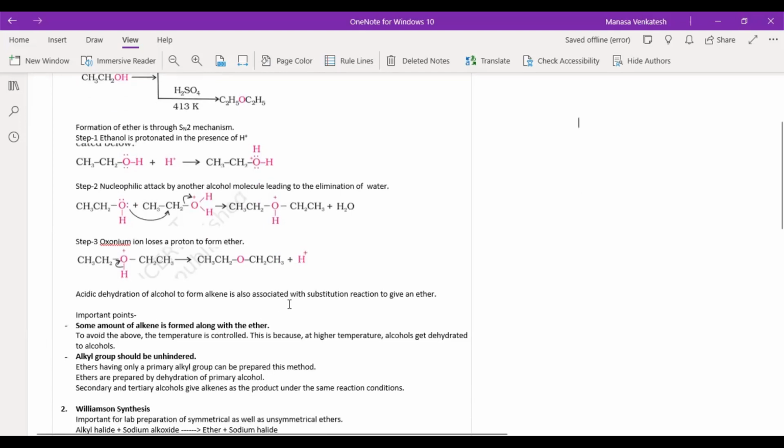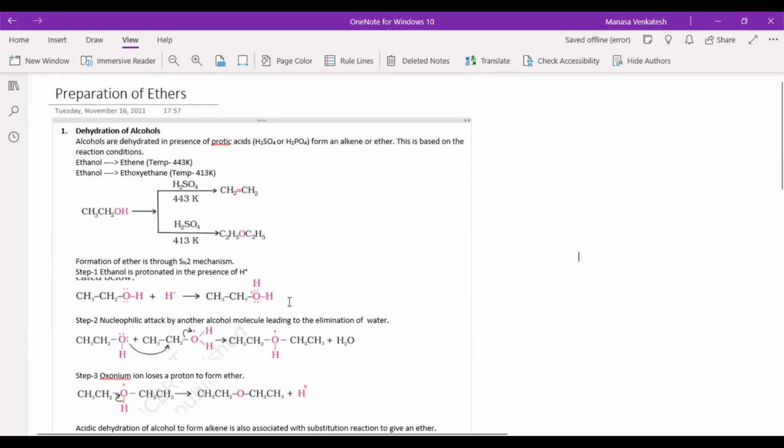Next, alkyl groups should be unhindered. If you remember, when we studied the properties of alcohols, primary alcohols undergo dehydration to a lesser extent compared to a tertiary alcohol. The conditions required for tertiary alcohols to undergo dehydration are milder compared to secondary, and then primary.